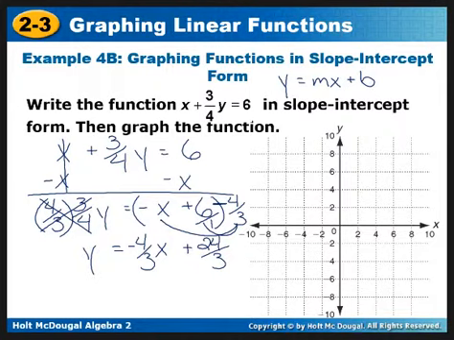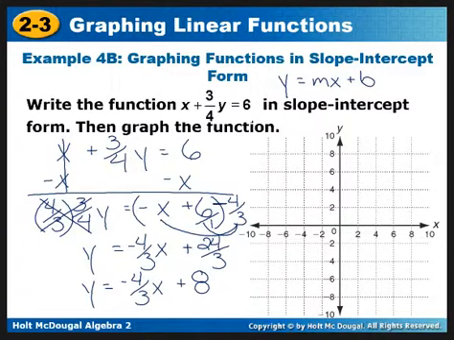Now, if something's written in fraction form like that, it basically means we're taking the top and dividing it by the bottom. Right? In this case, 24 divided by 3 is going to give us 8. So when it's all said and done, I had to do a little bit more work, but I still get to something that's in slope-intercept form.